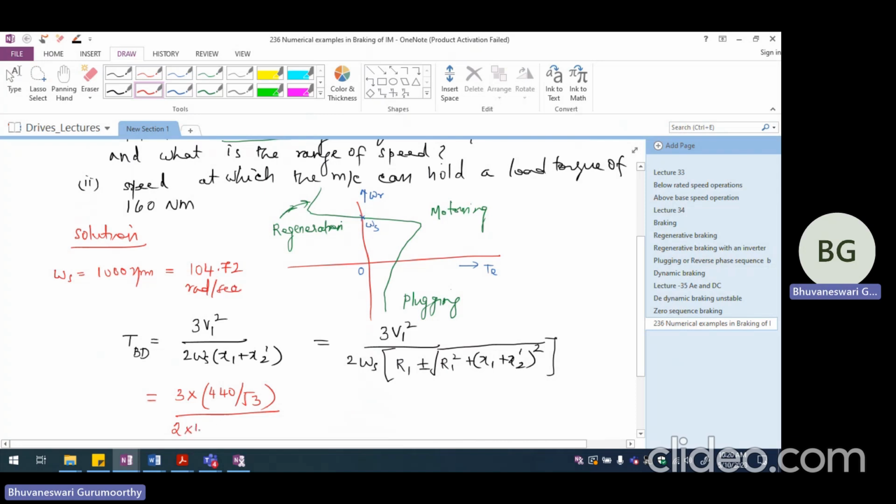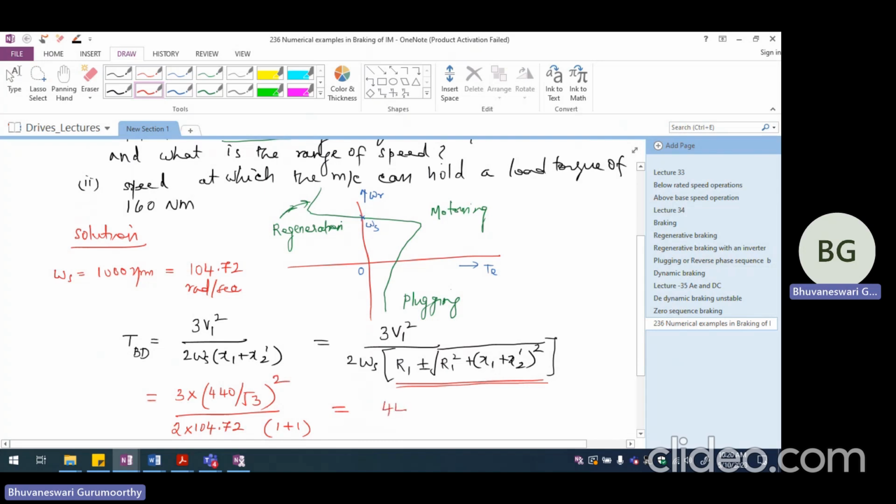So 2 multiplied by 104.72 and x1 plus x2 dash is 1 plus 1, which is 2 ohms. So this is going to be the complete expression, approximate expression for the breakdown torque. If you want the exact value, then you have to substitute here this value. So this is going to be equal to this root 3 square and 3 will get cancelled.